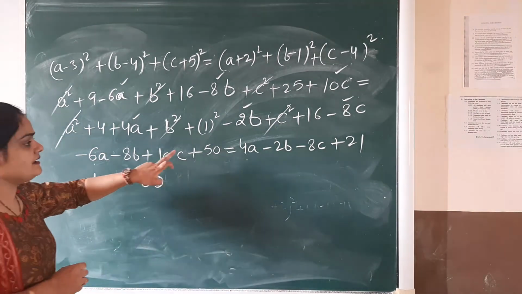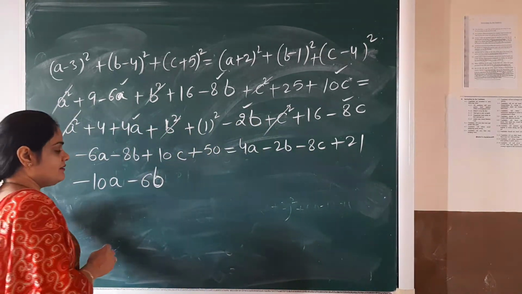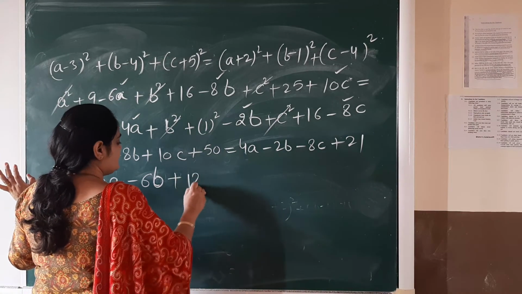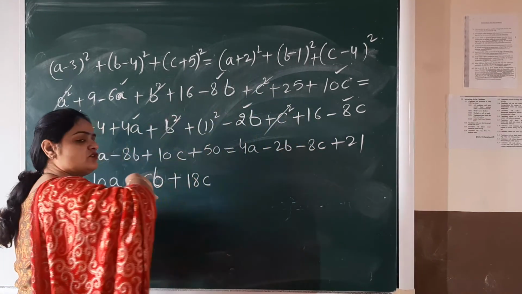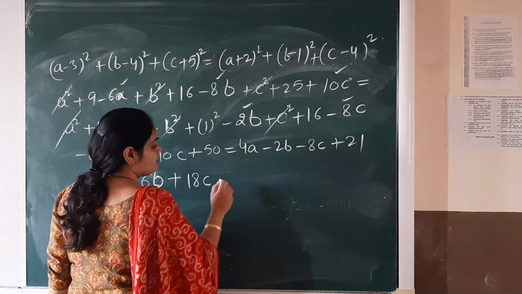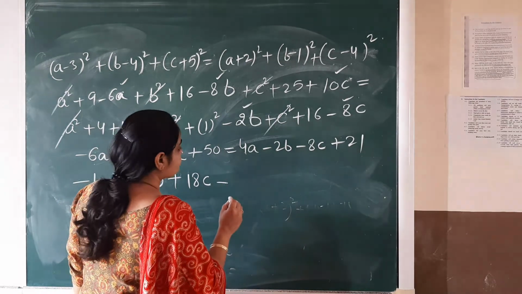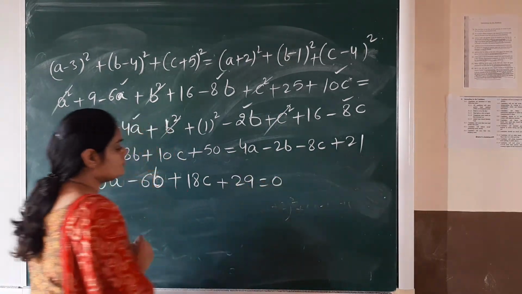Then 10c, when plus 8c goes to the other side, it becomes minus 8c, so minus 18c. Then 50, and when this 21 goes to that side, it becomes minus 21. So it becomes plus 29 equals to 0.